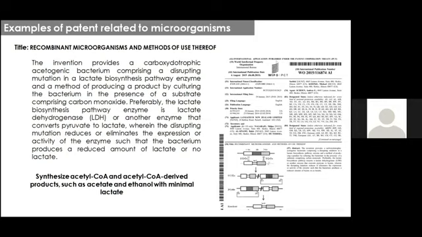Since the production of lactate can cause stress to the bacterium itself and can slow down the synthesis of acetyl coenzyme A, this particular recombinant microorganism produces acetyl coenzyme A and the derivatives, but with very minimal lactate production. So this kind of microorganism-based patent is appearing in recent years.